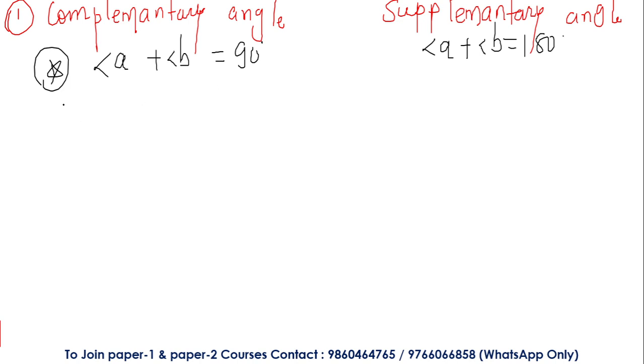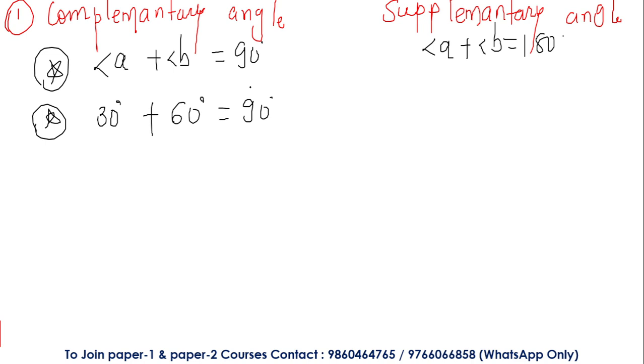Examples of complementary: if I have two angles, one is 30 degrees and the other is 60 degrees, if I take the summation of this, I'll get 90 degrees. Similarly, if one is 45 degrees and the other is 45 degrees, the summation is 90 degrees, right?